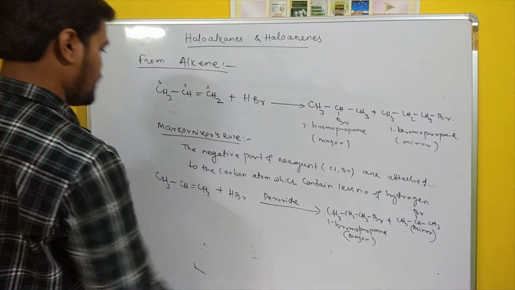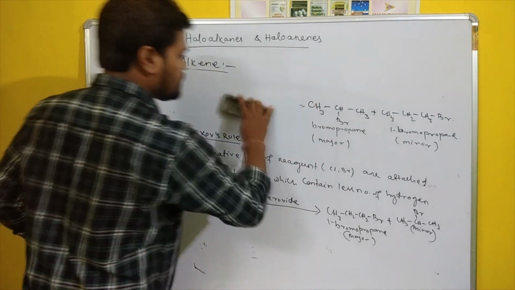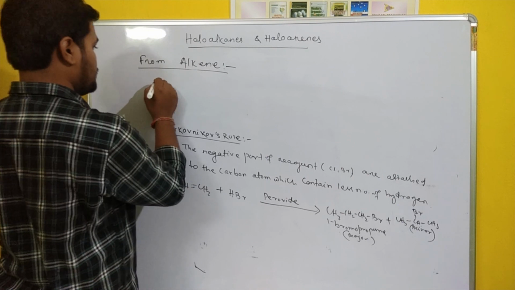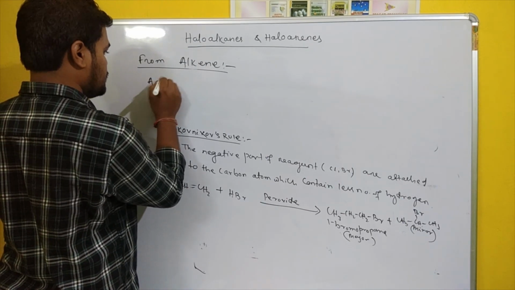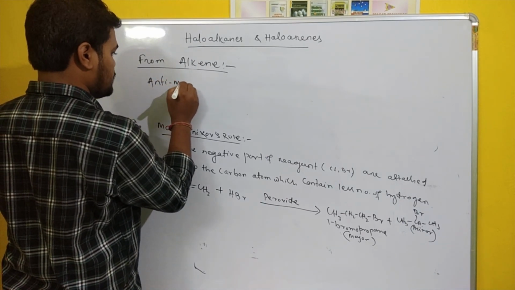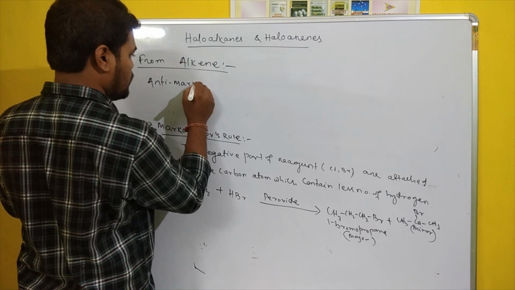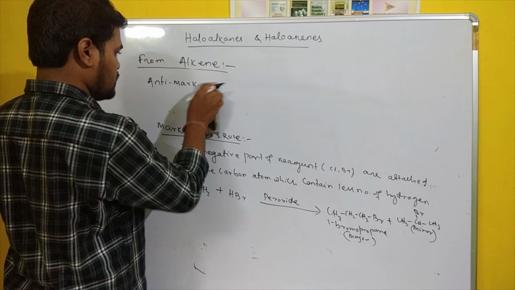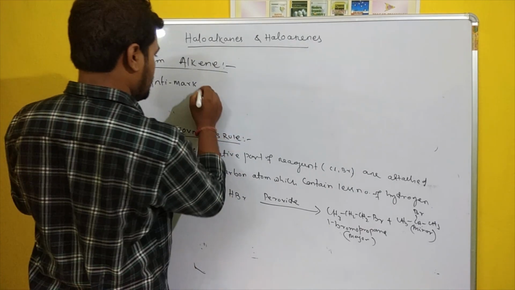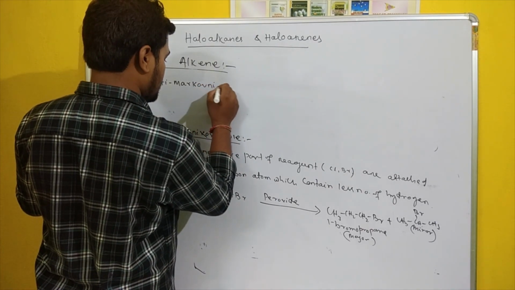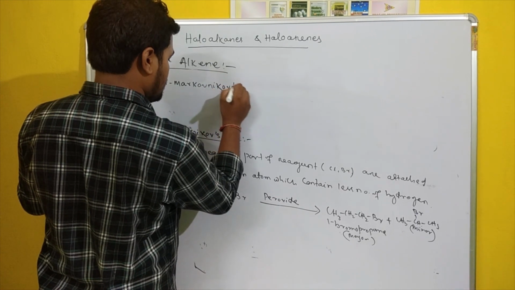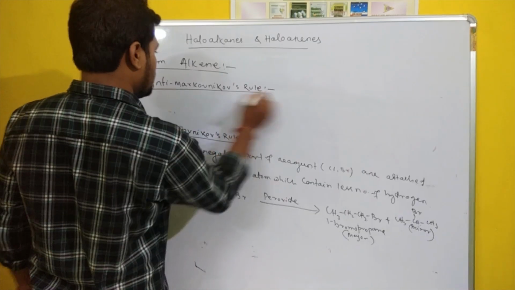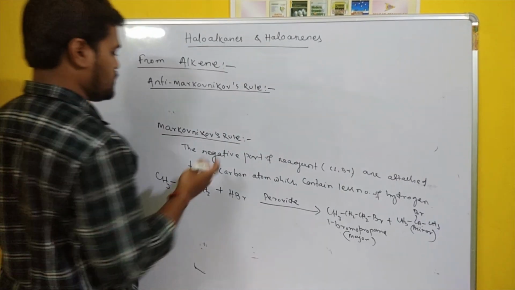So then what is anti-Markovnikov's rule? Anti-Markovnikov's rule is opposite to that of Markovnikov's rule.